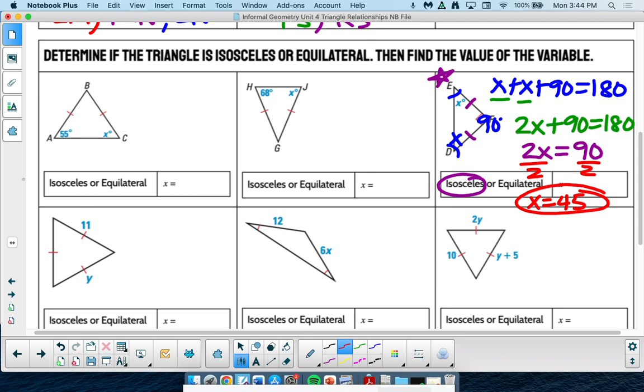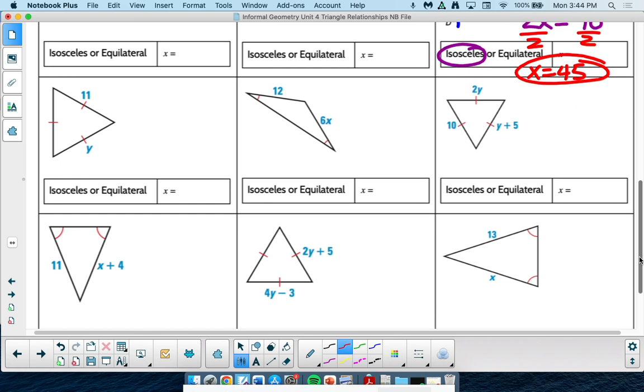Okay, let's maybe do one more on this page. That should be okay, that should be okay. Let's do this one right here underneath it. This is kind of a goofy one. Okay, so let's decide: isosceles or equilateral? It is indeed equilateral because all of our sides are the same. So now to find, that should be a y.